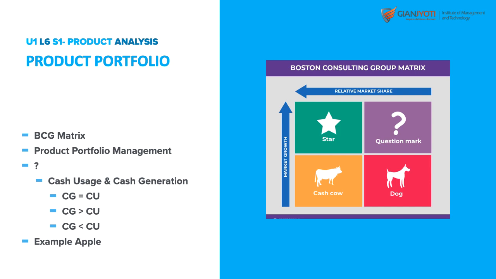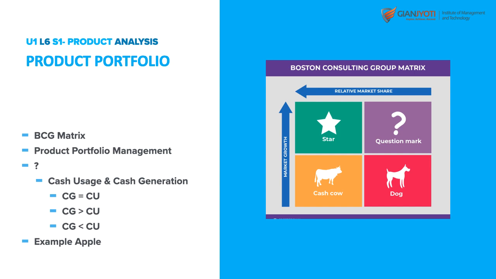Now before I proceed, I would like to ask you a simple question and I'll give you some time to note down in your notebooks. Make this matrix in your notebook and try to answer my question. There are two terms. One is cash generation, that means where cash is generated, and the other is cash usage.